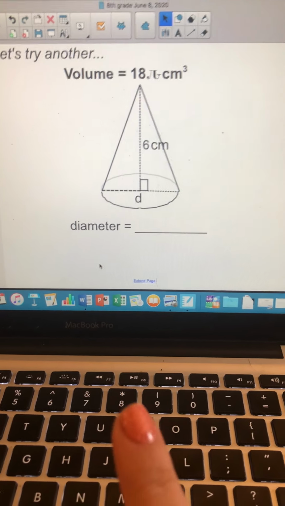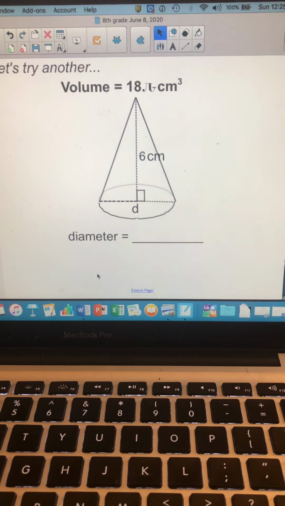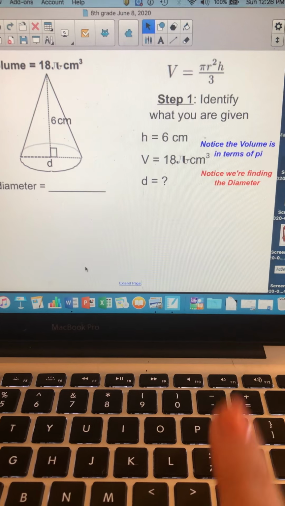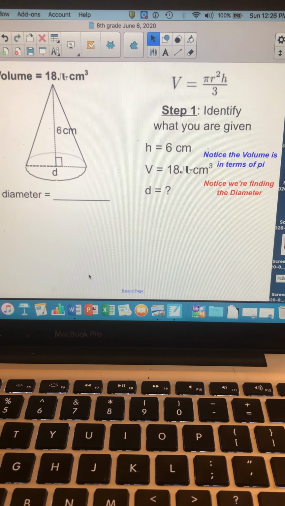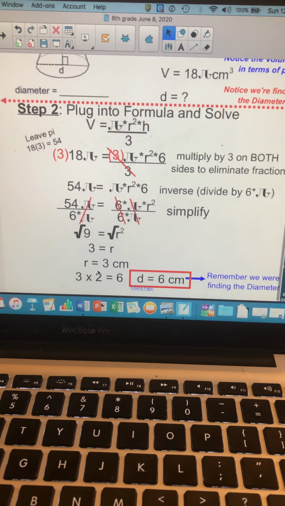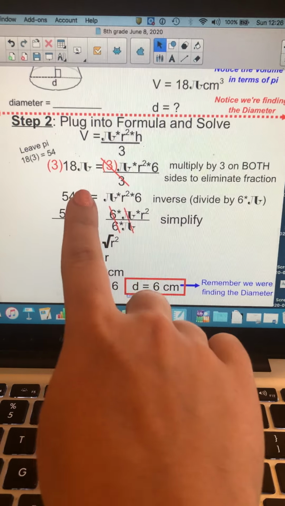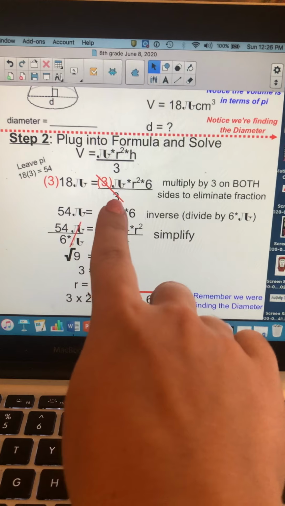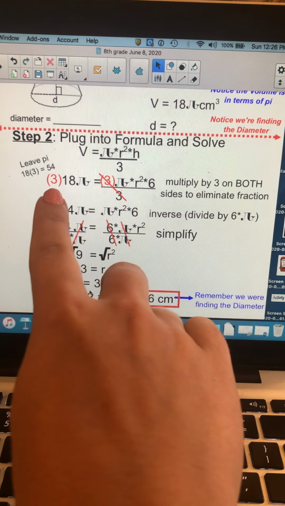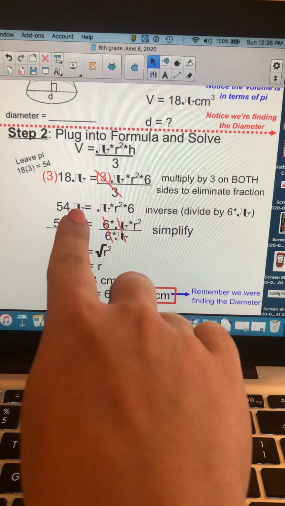Another example, this one asks you for the diameter, so you would have to take that additional step and multiply by 2. We identify information. We have a height of 6, volume of 18 pi, looking for the diameter. Plug in the information following the same steps. Multiply by 3 first, cancels out the fraction. Multiply by 3 on the other side, only the numbers. 3 times 18 is 54, bring down the pi.